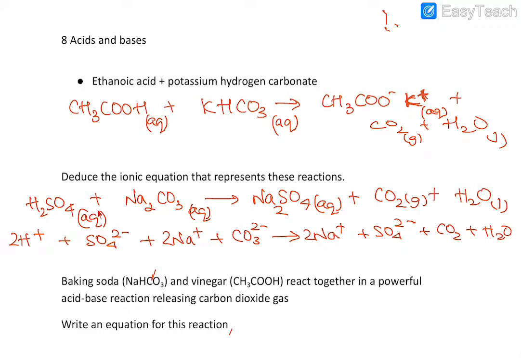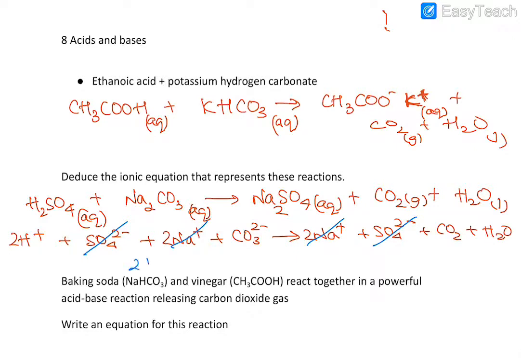So like you see here, aqueous, so it splits into two. Aqueous splits into two. Aqueous splits into two. Gas does not split. Liquid does not split. So we'll cancel out everything that is similar on both sides. So H+, SO4 2-, Na+ will cancel out.